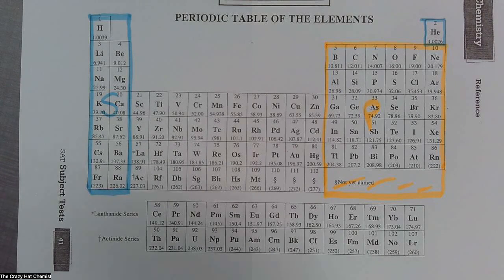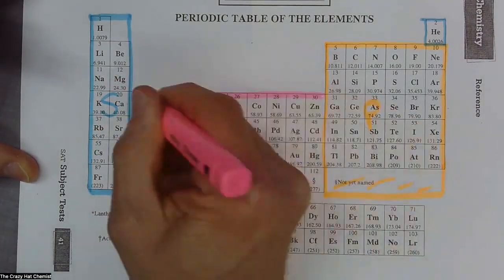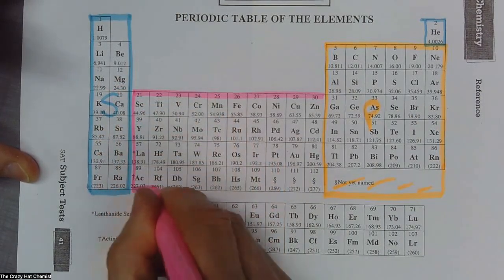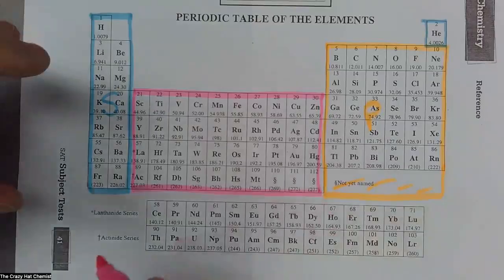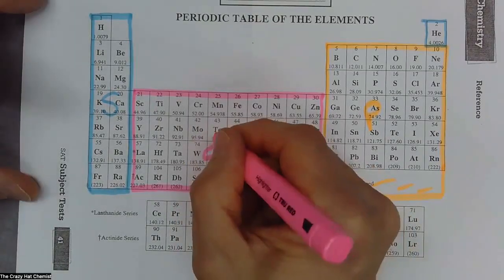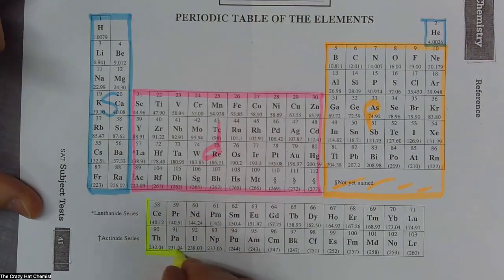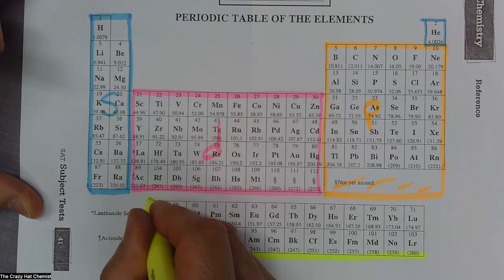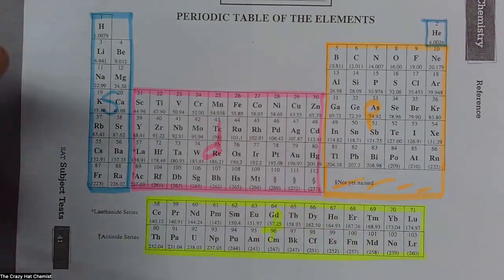Then the next section on our periodic table goes like this and like that. In that section, these are D-type orbitals. And finally, on the bottom of the periodic table, right here, these are going to be F-type orbitals. That's an F.